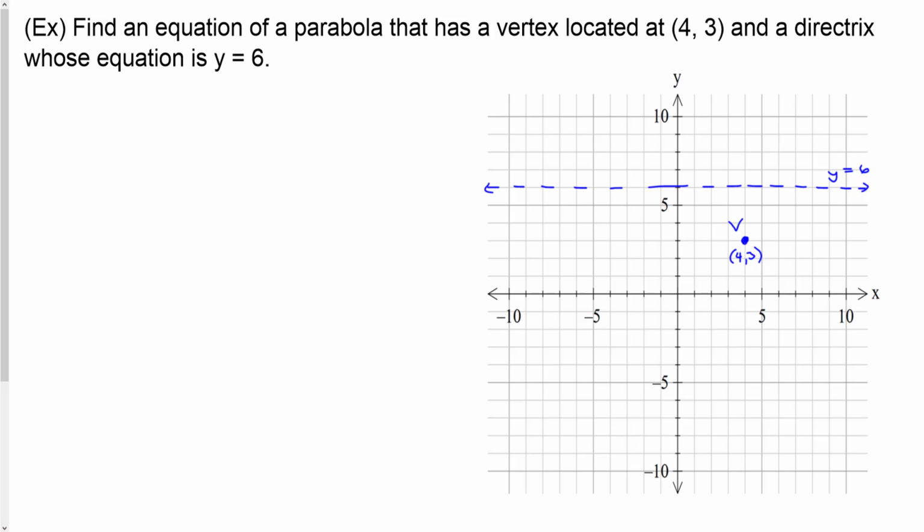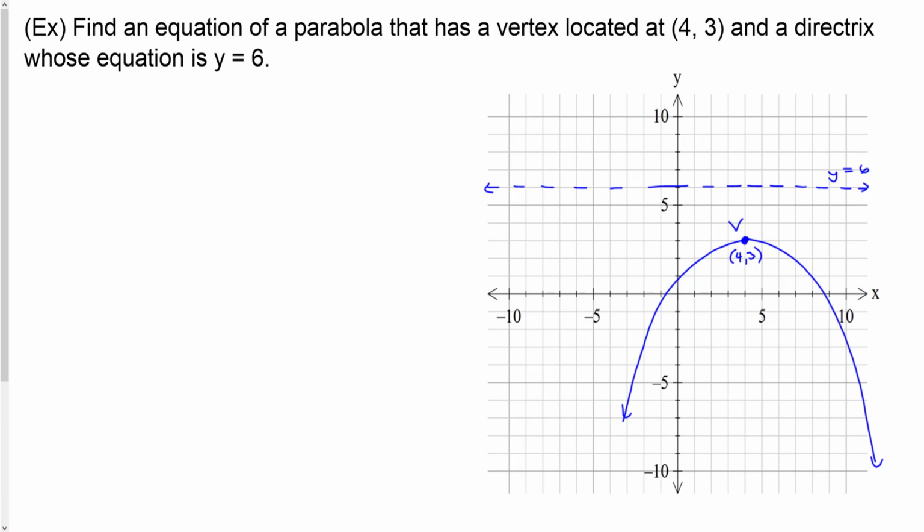Now, knowing that, I can figure out all the pertinent things that I need here. First, I know that this thing is going to be opening downward because it's going to open the opposite direction of my directrix. I don't have the location of the focus or the latus rectum or anything. I don't know how wide it's going to be, but I know it's going to open downward.